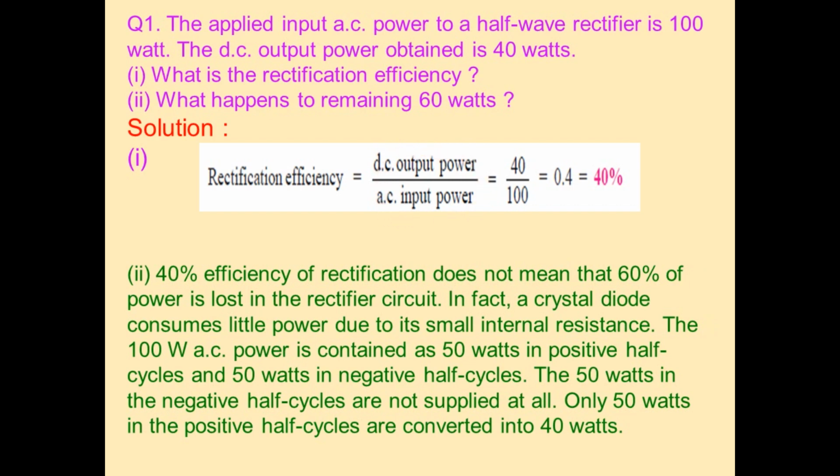So it is 40 watt divided by 100 watt, which is 0.4. The percentage of efficiency is 0.4 into 100, which is 40%. So the percentage efficiency of half wave rectifier is 40%.